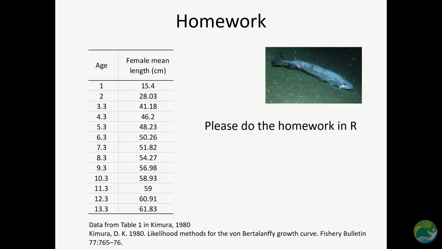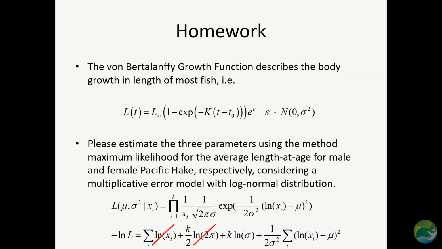I want you to fit this growth curve by using the method of maximum likelihood. Okay, so for each data point, you need to have a statistical probability distribution assumption. Once you know the probability distribution assumption, you can have what?